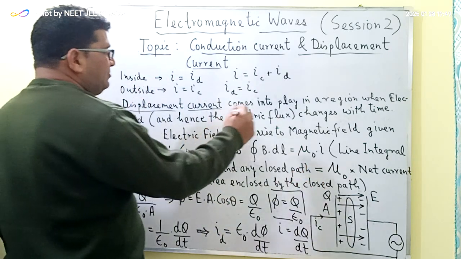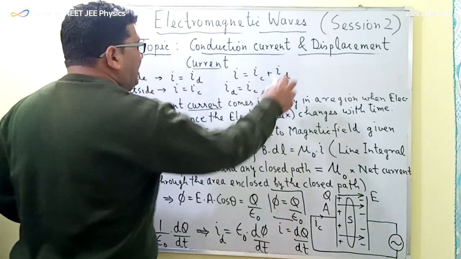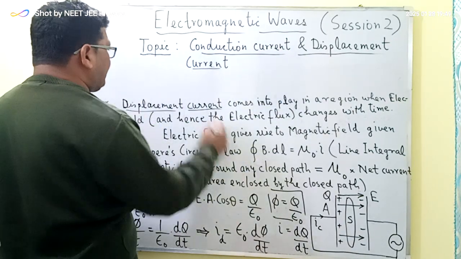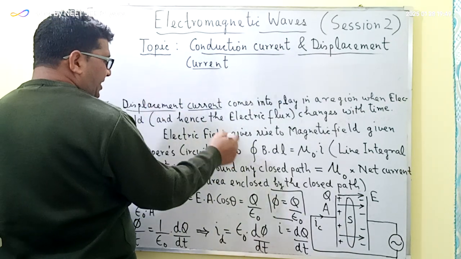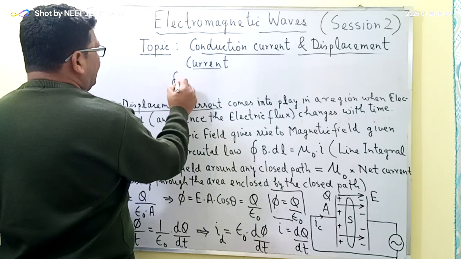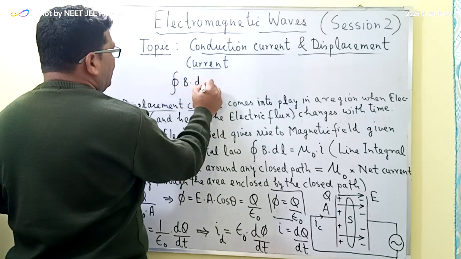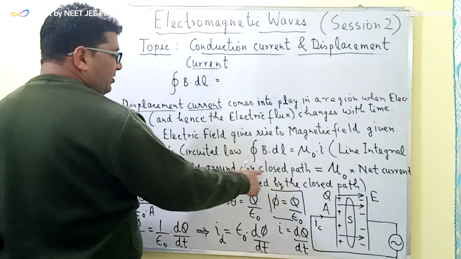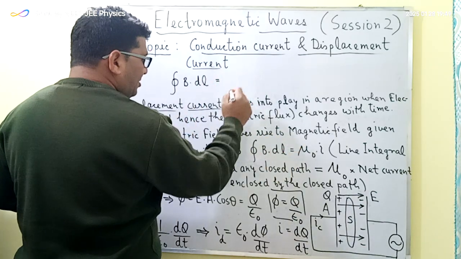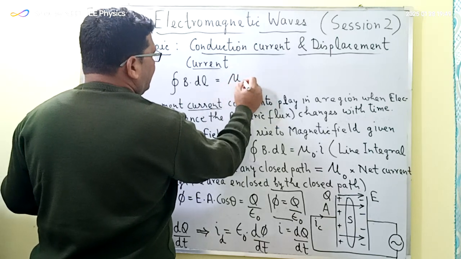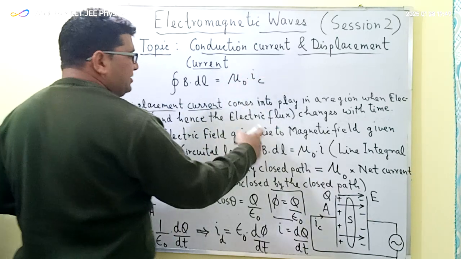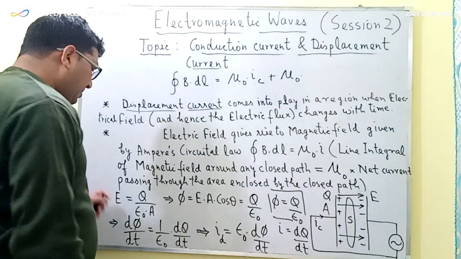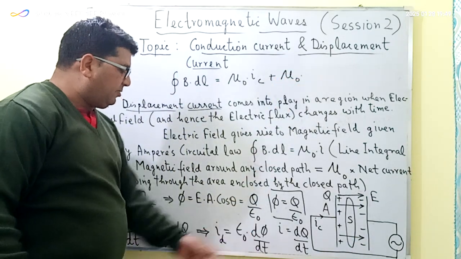So Maxwell modified this Ampere's circuital law, which is now called the Ampere-Maxwell law, and he modified this equation such that the line integral of the magnetic field around any closed path will be equal to mu naught into IC, where IC is the conduction current, plus mu naught into the displacement current, and displacement current is equal to epsilon naught into d phi upon dt.